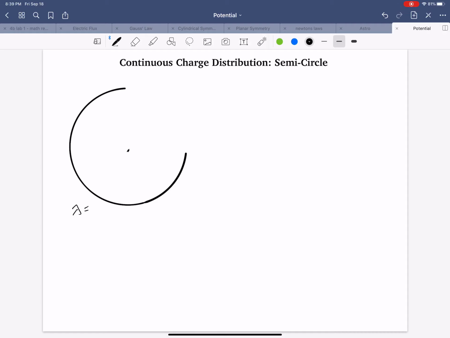Charge density of Q per arc length S, that's what is on this arc. And if we want to find the potential at the center, that's effectively a constant radius. So it looks like a Pac-Man here. Constant radius R.